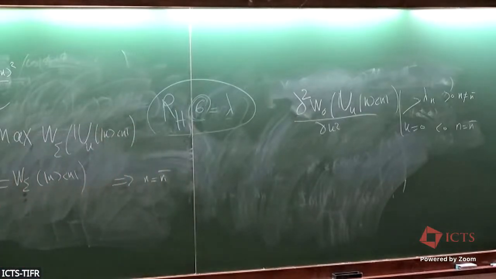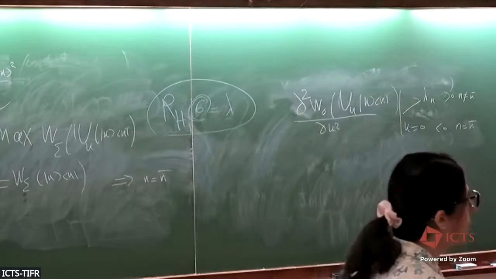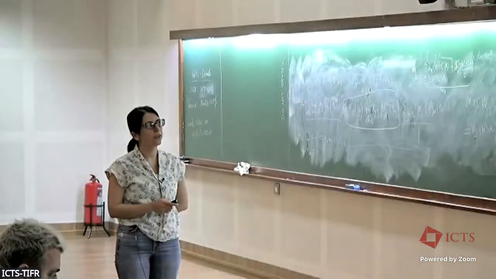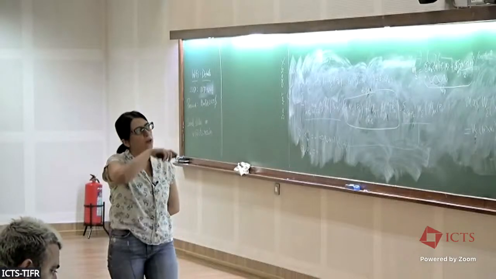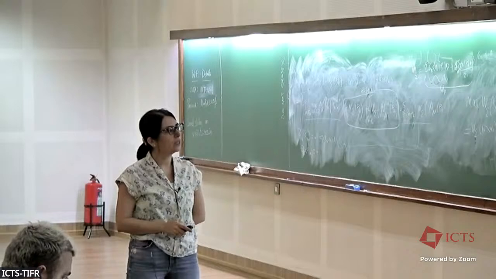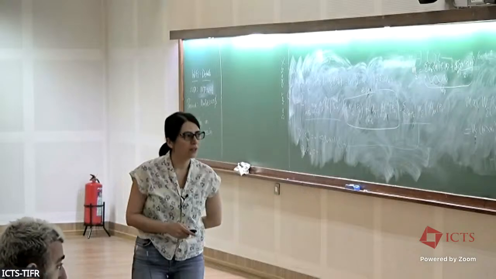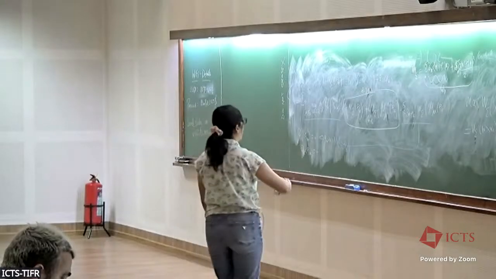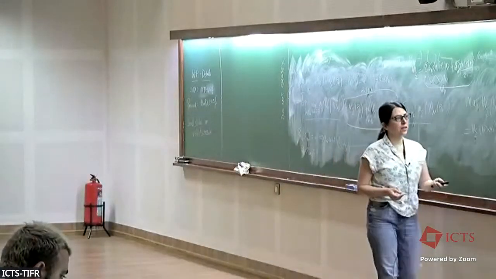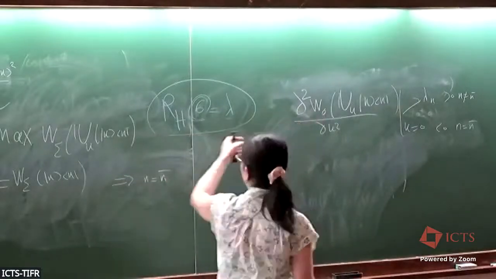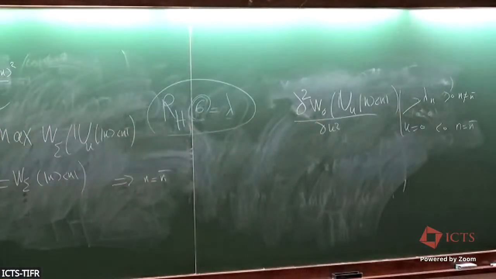Okay, so this is the whole idea of our feedback, and here you can see what the coefficient sigma n looks like. Here we wanted to stabilize 3 photons, and you can see this is maximized for 3 photons, and this is our feedback. Epsilon, I didn't talk about this, because you can ask: this n bar is a maximum of W0, so why should it remain the maximum of W epsilon?